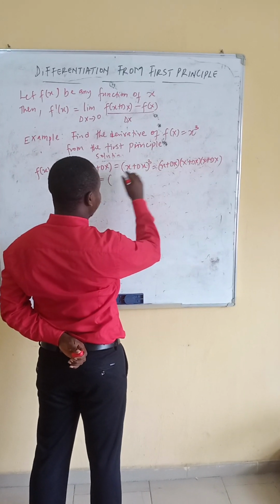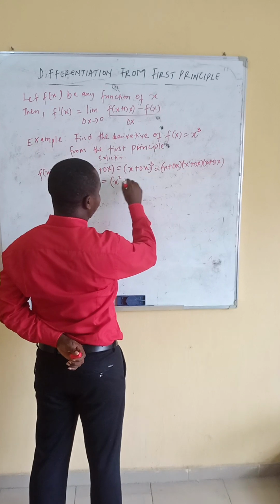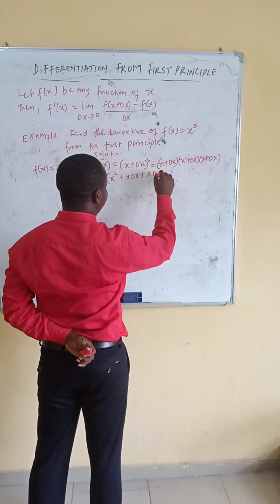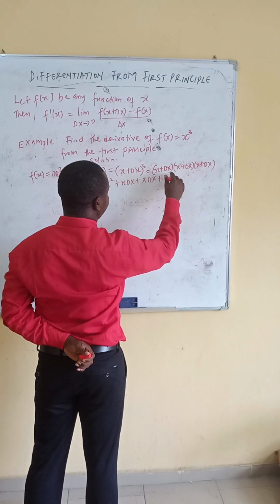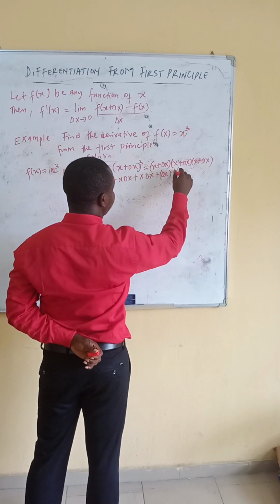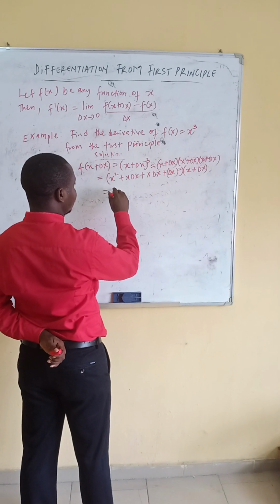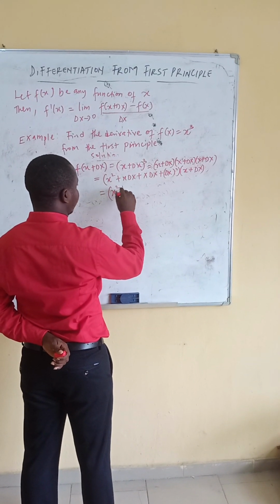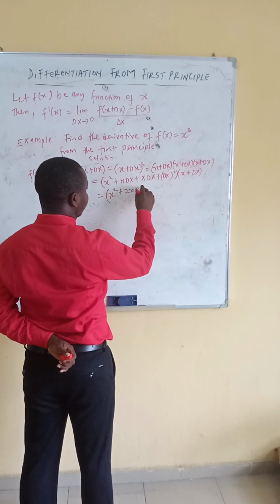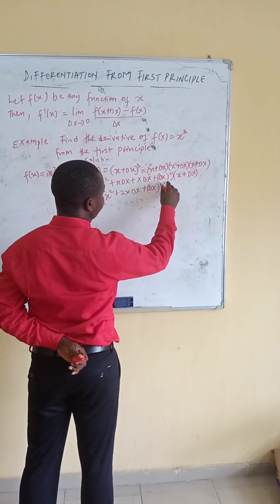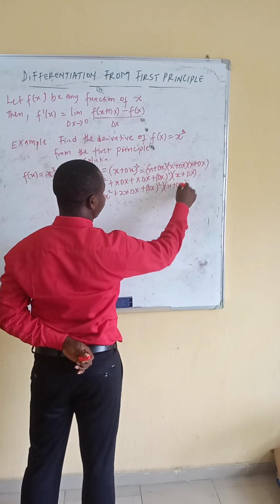Now x times x is x squared, plus x change in x, plus x change in x, plus change in x all squared, all into x plus change in x. That is x squared plus 2x change in x plus change in x all squared, multiplied by x plus change in x.